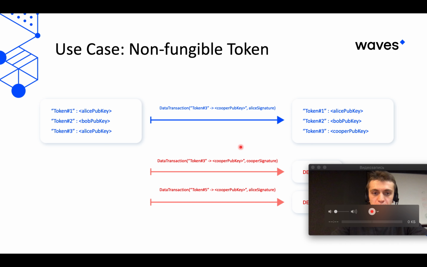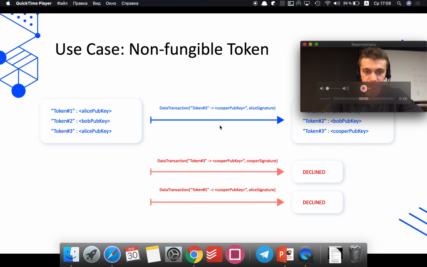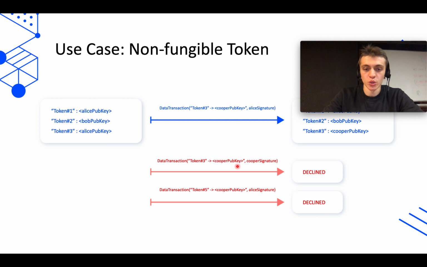That's it. So if any user, for example Cooper, will try to make a transaction and he signs a transaction with token 3, in this case the owner of token 3 is Alice, and if Cooper tries to make a transaction with his signature, it is not allowed.